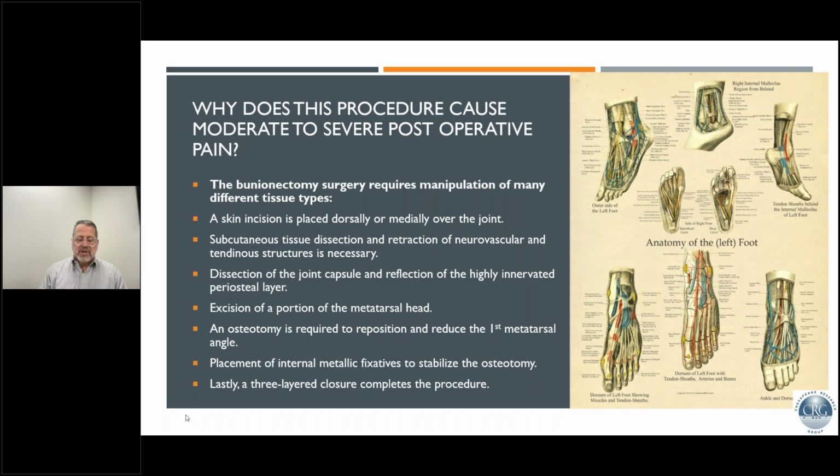These models typically rely on an older demographic with greater comorbidities. They require longer to recruit and thus longer duration for study completion. These studies also are much more expensive just based on the invasiveness and the cost of implants, and they do not have quite the sensitivity, consistency, or reliability compared to the bunionectomy model.